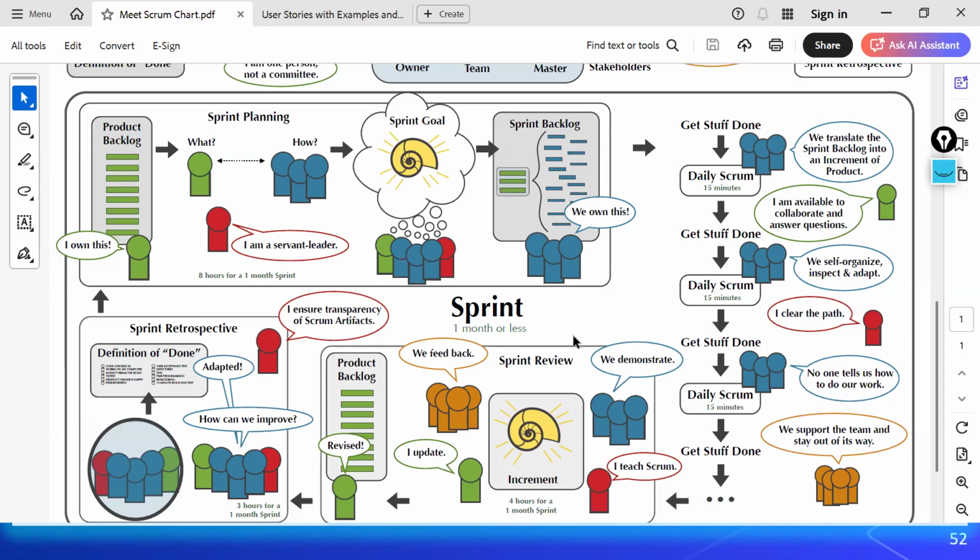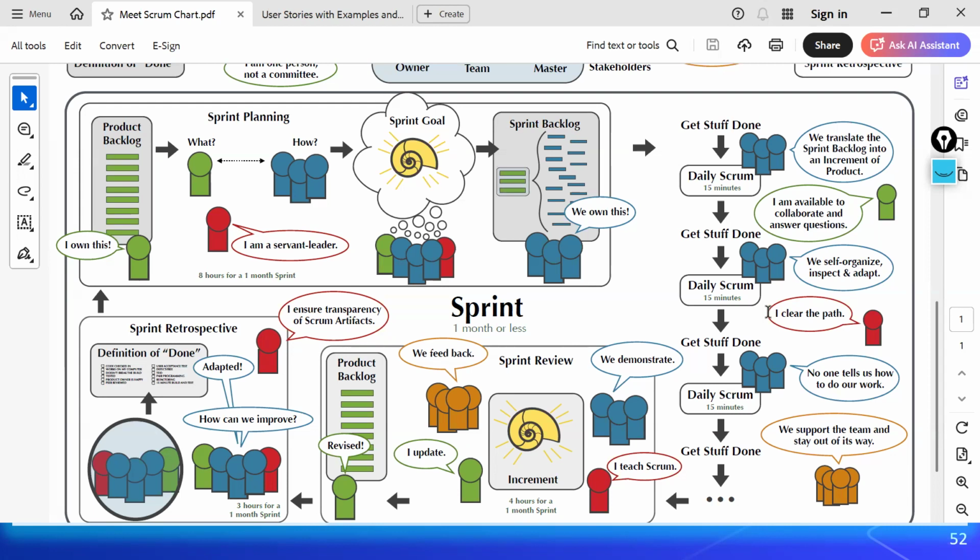Right? Now, if you are asking about this red guy here, the Scrum Master, what he or she is doing? Basically, he's going to be the leader of this whole process. He's going to lead everyone through this whole Scrum process.